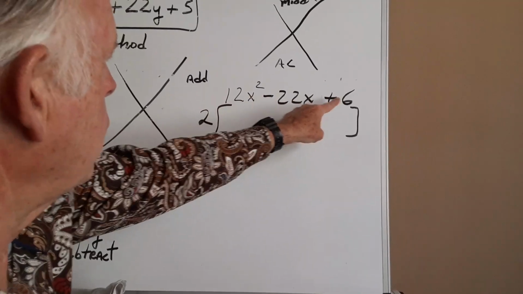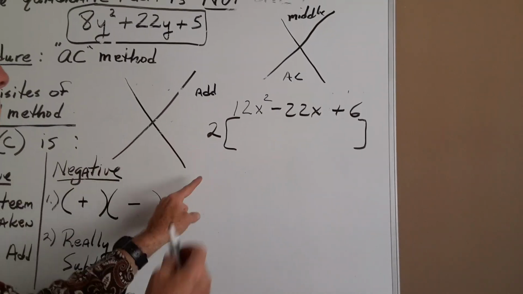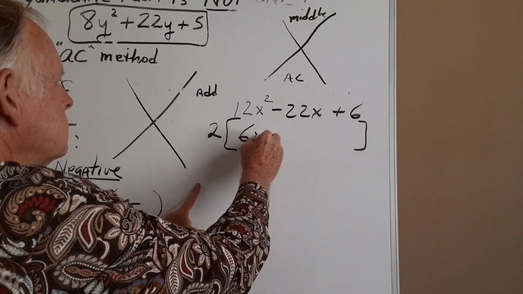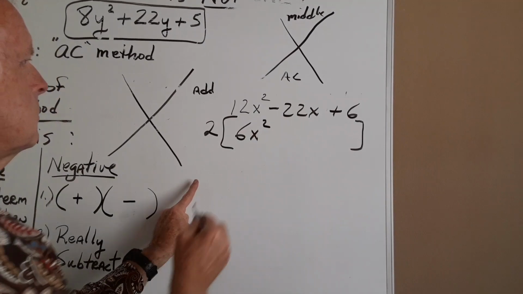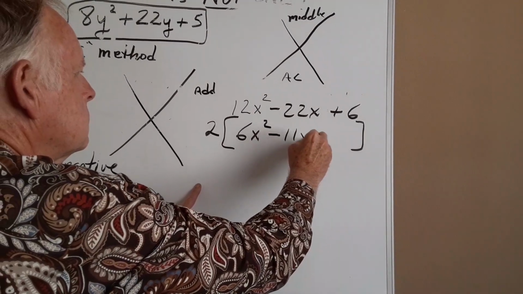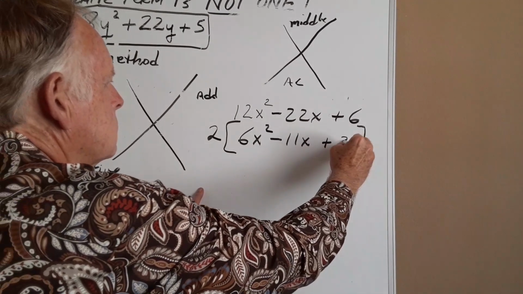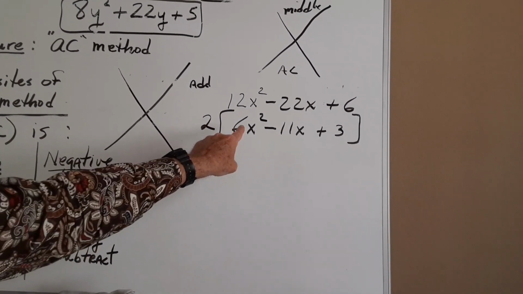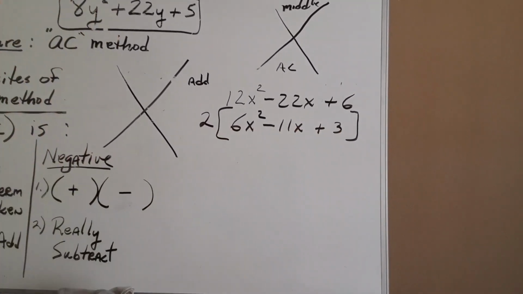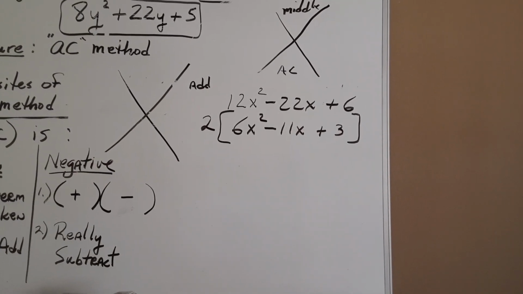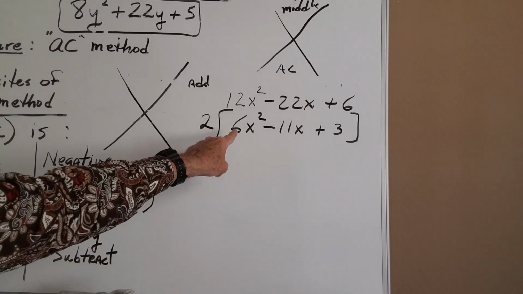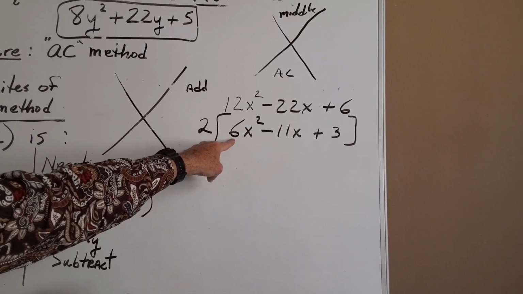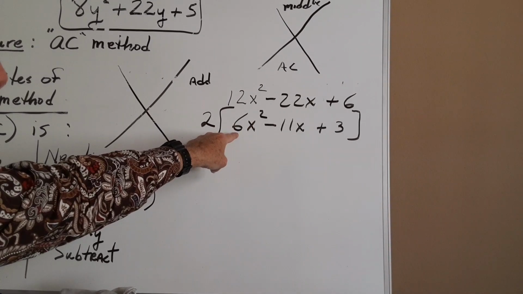Now let's divide all 3 of those terms by 2. Look at the trinomial that is in the bracketed house. The coefficient of the quadratic term is not 1.